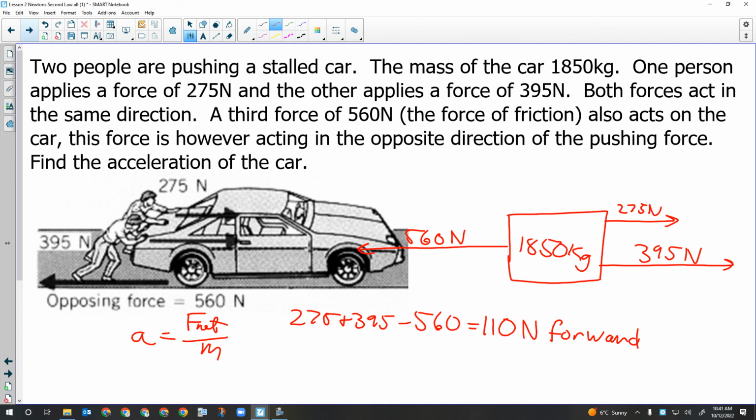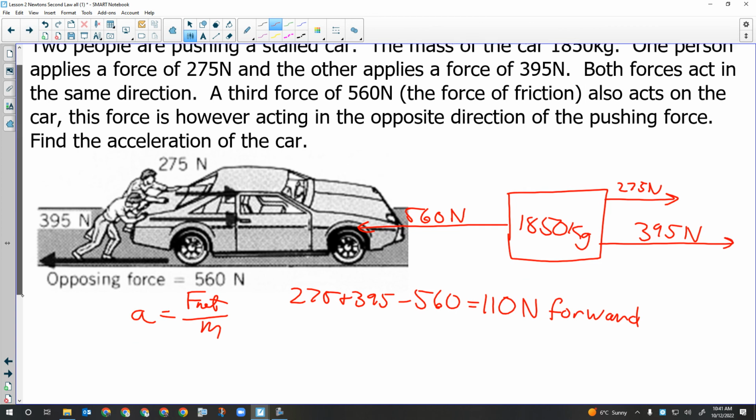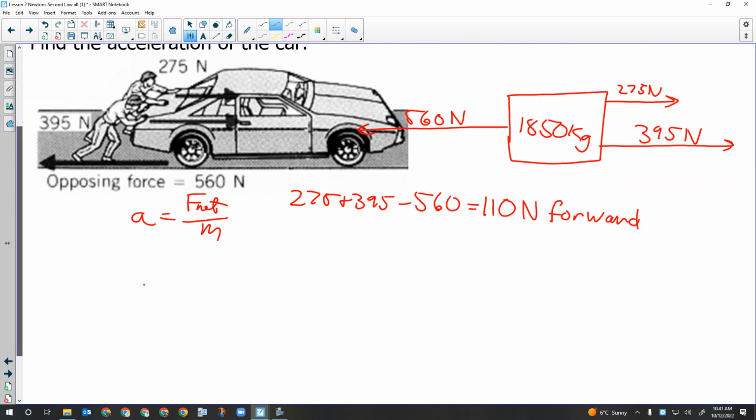Okay, can I calculate the acceleration now? Yes. Okay, so now I would just plug into here, 110 newtons, divided by 1,850 kilograms.